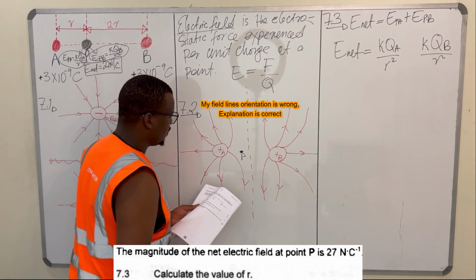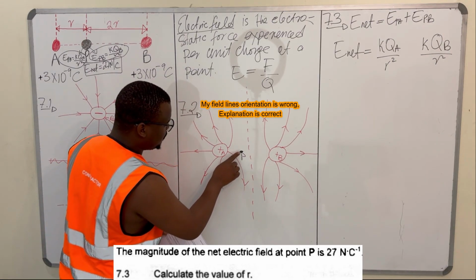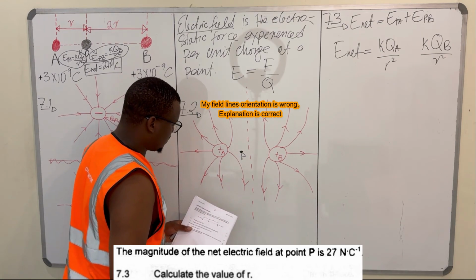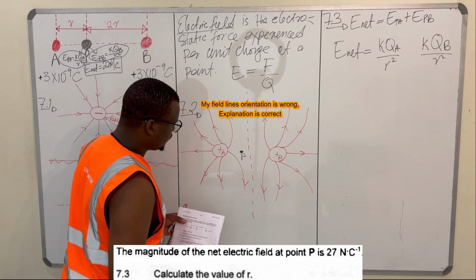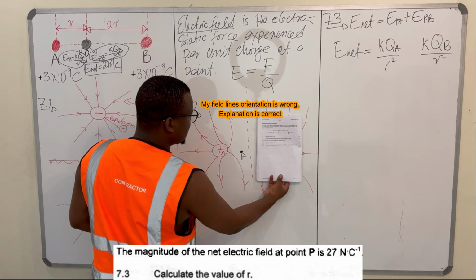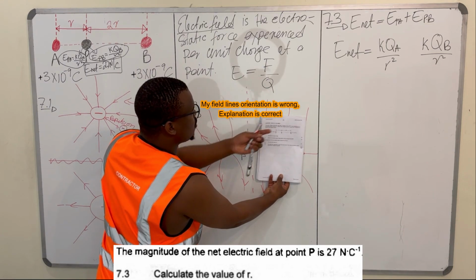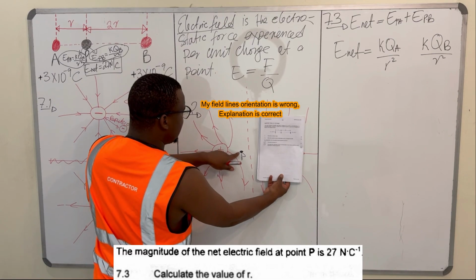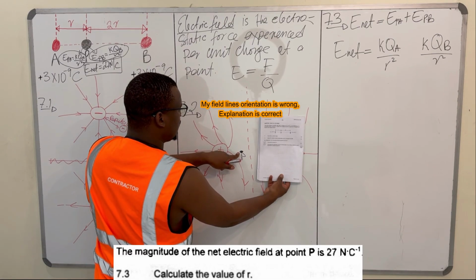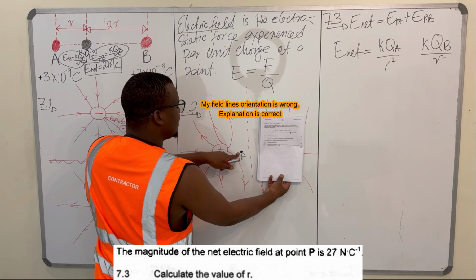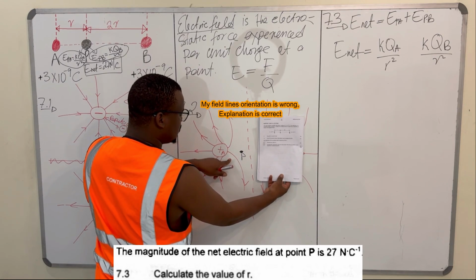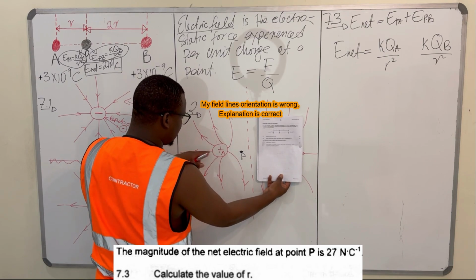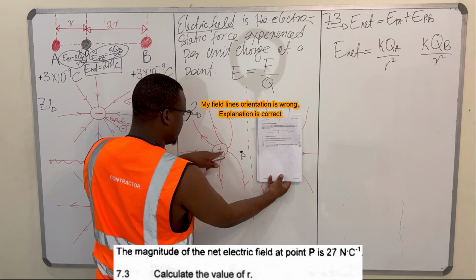So, if we're looking at P, let's suppose that this thing is not here. If P is sitting here, the influence of these electric field lines, you can see that they are going outwards, out of this one.